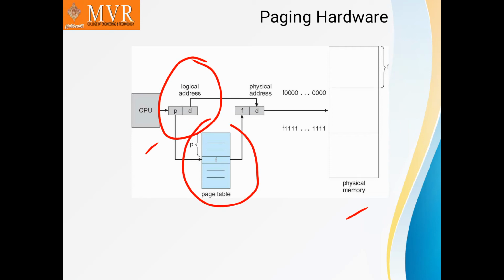In this page table, P indexes the entry having the frame number F. For example, we can assume that F will be translated to the physical address along with the offset. So then it will be moved to the physical memory. This is the paging hardware.